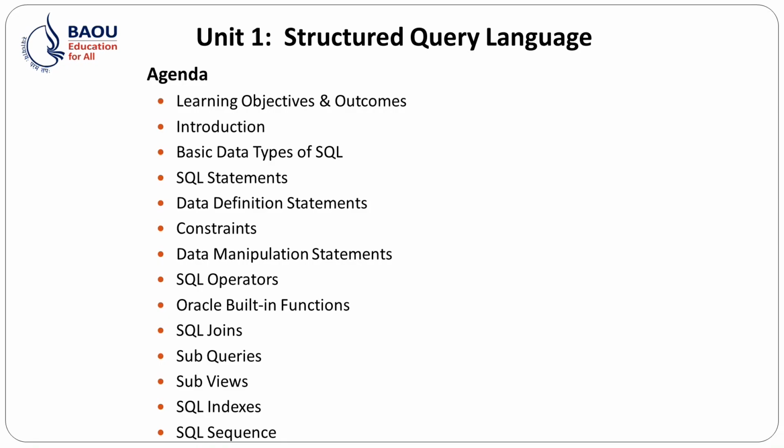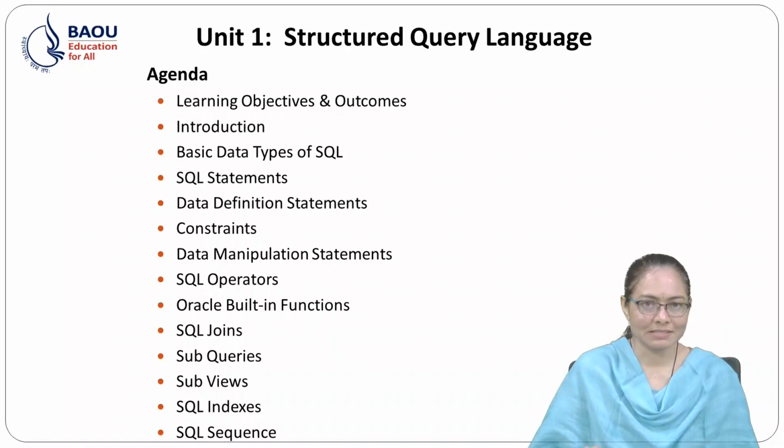All these topics are included in SQL. After learning all these topics in Unit-1 Block-3, students will be able to gain knowledge about Structured Query Language. In the last session, we already completed up to SQL views. Today we are going to start with SQL indexes.